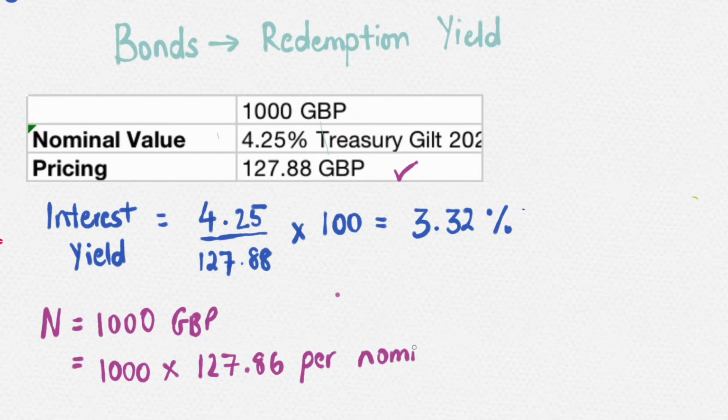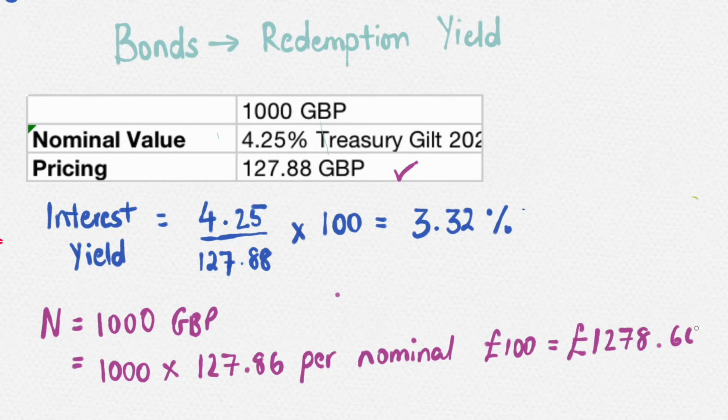So per nominal of 100 quid. So every 100 quid is worth 127.86. So that would leave you with a net figure of 1278.60.